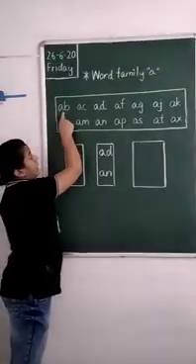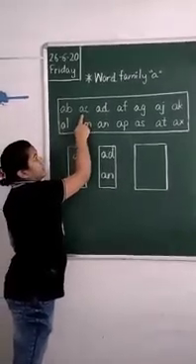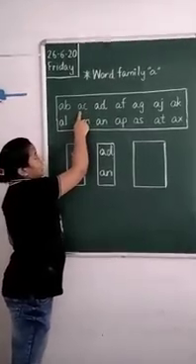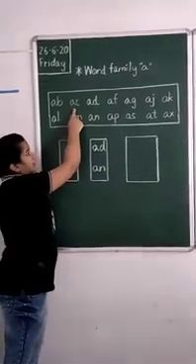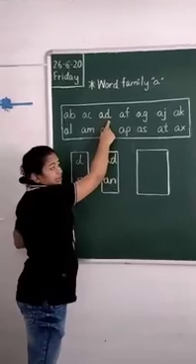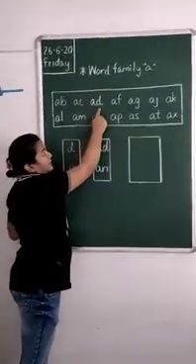Ab. A says A, C says K. Egg. A says A, D says D. What does it become? Ad.